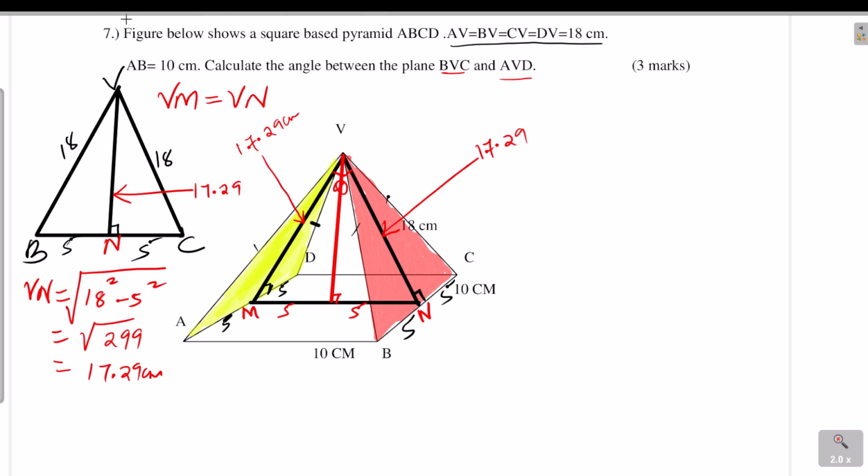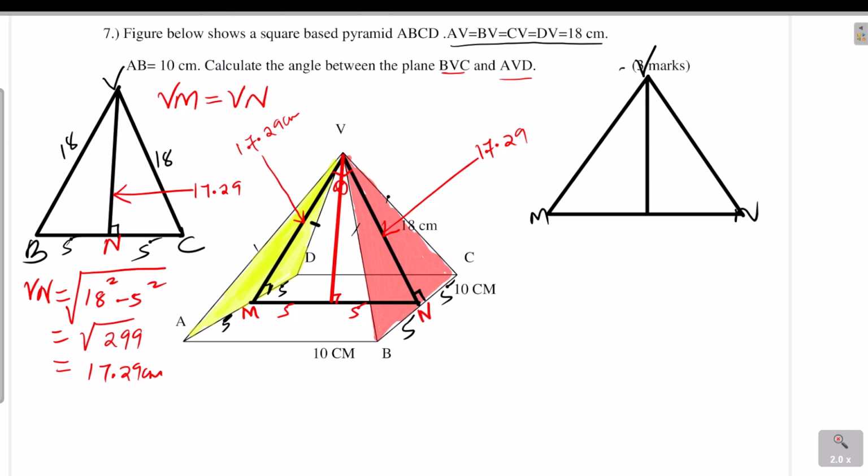Now after doing that, I can now extract that triangle VMN. Let me extract it, VMN. So we have 17.29, this is 17.29, and then the required angle is the whole of this angle here.